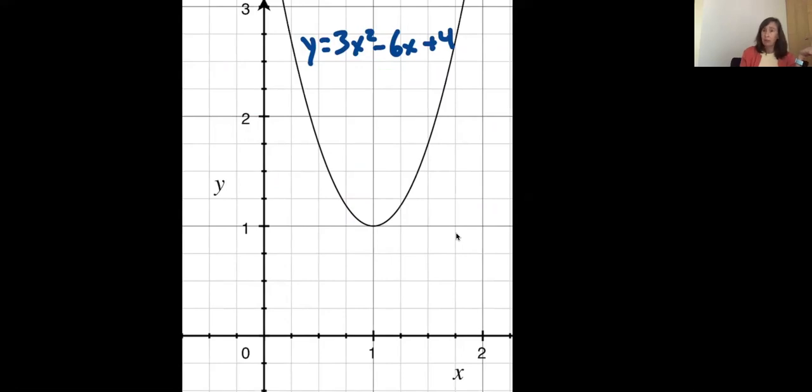This function never crosses the x-axis. And indeed, this has no roots. Okay, so when we use the quadratic formula and we find that it's not giving us any answers that work, it's actually giving us an answer. It's telling us that there are no x values that satisfy it.